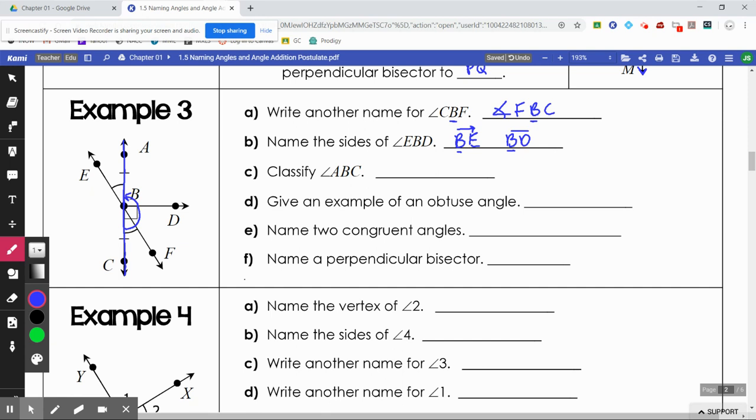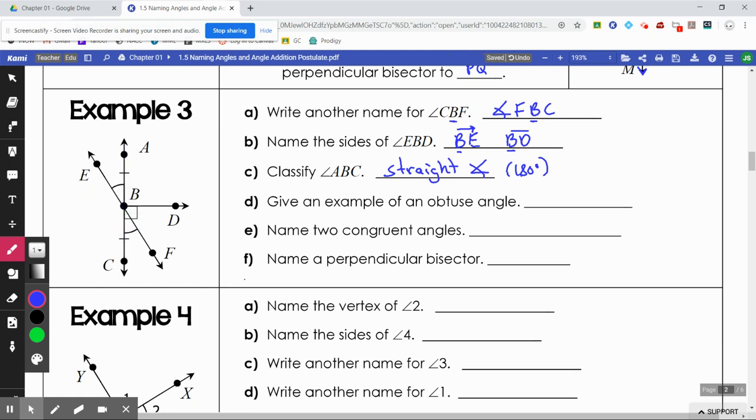It doesn't matter which way you're opening it up. It's a straight line or a straight angle. I'll put the angle symbol, a straight angle. To make sure you won't forget, it's a straight angle because it's 180 degrees, a straight line.